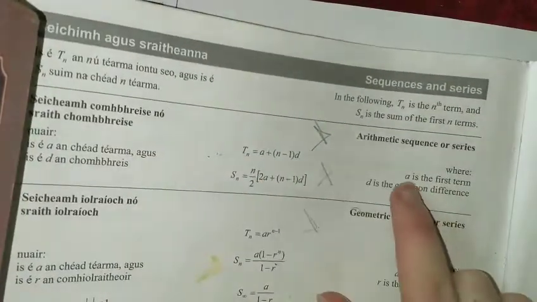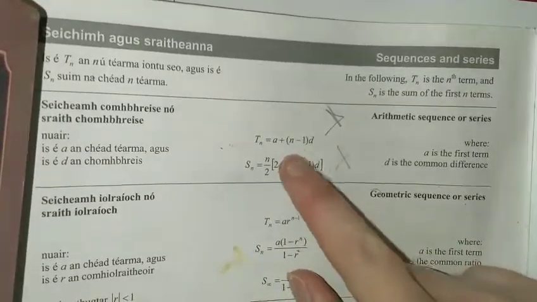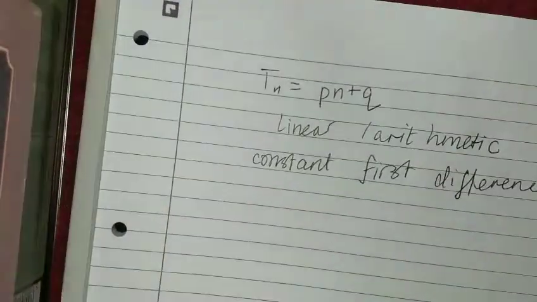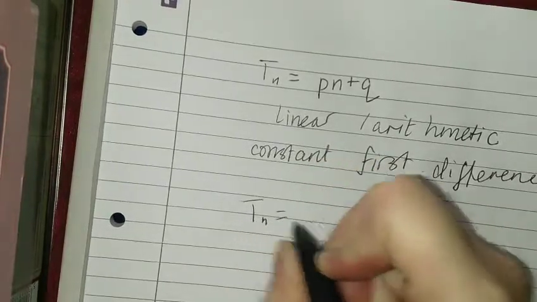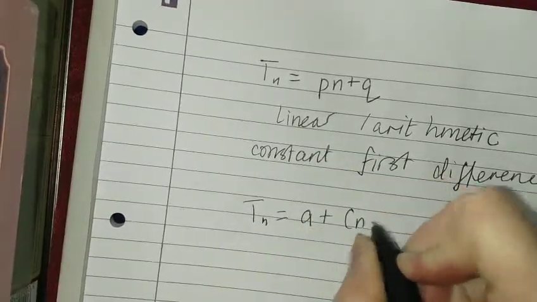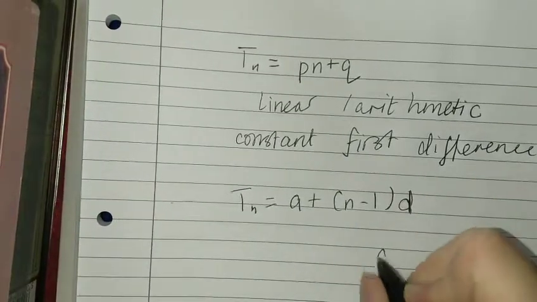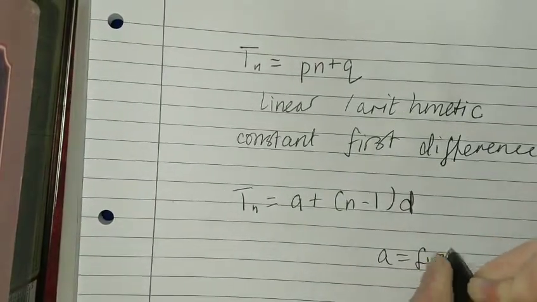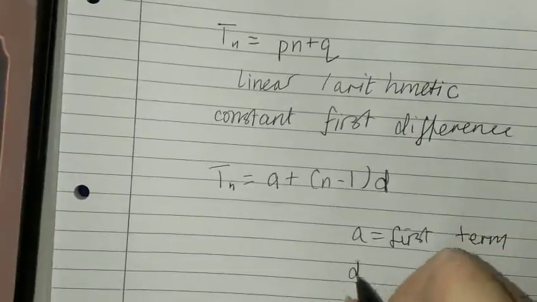So that's the arithmetic sequence. A is the first term, D is the common difference. The next one here is to add up all the terms. So we're going to want the first one here. So Tn is equal to A plus n minus 1 D, where A is equal to the first term and D is the common difference.